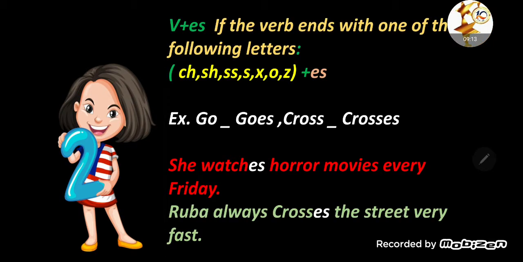Let's continue. What about the second case? What is case number 2 and what kind of addition do we add to case number 2? If we have a singular noun or a pronoun as the subject, in the second case we add es to the verb.